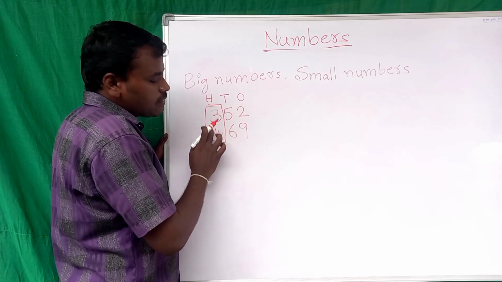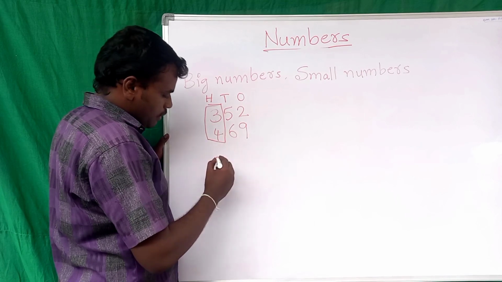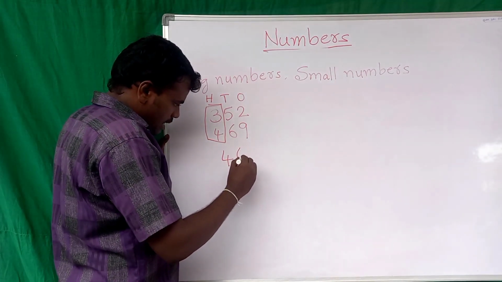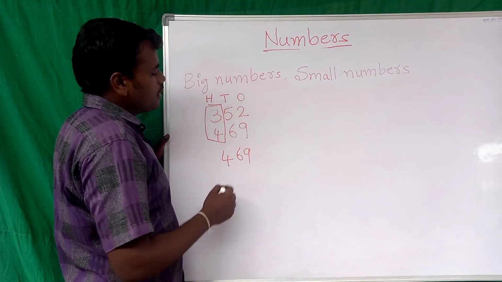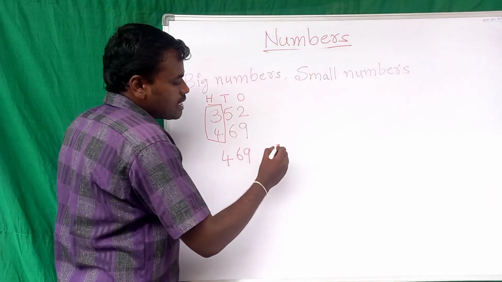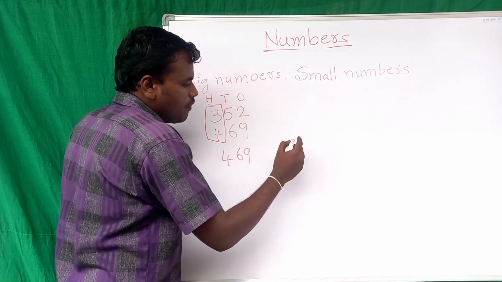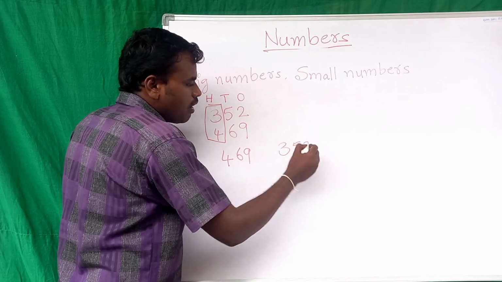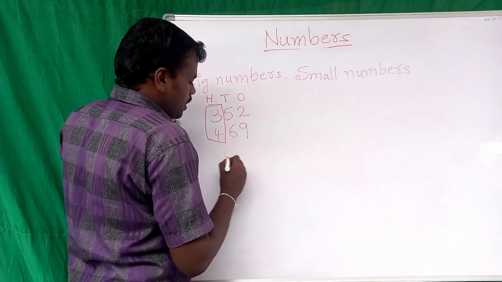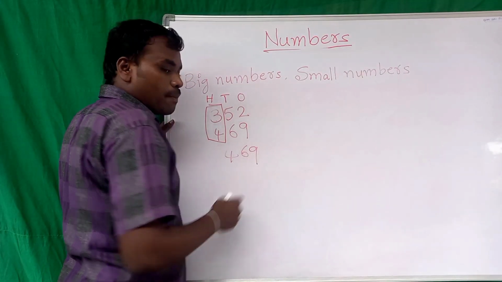In these two, 4 is bigger. So 469 is the bigger number, and 352 is the smaller number.